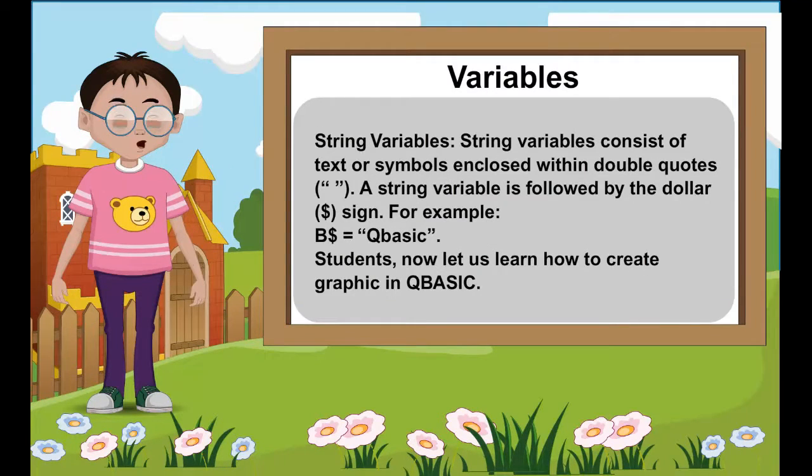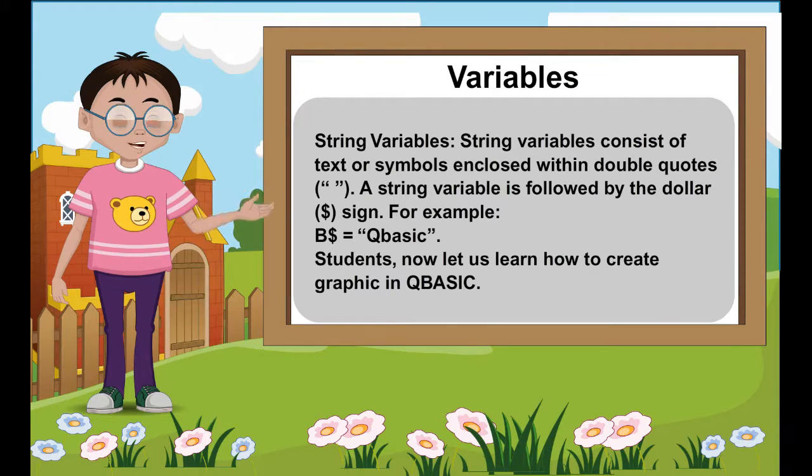String variables. String variables consist of text or symbols enclosed within double quotes. A string variable is followed by the $ sign. For example, B$ = "QBasic".